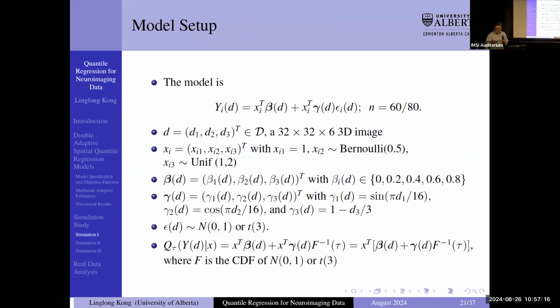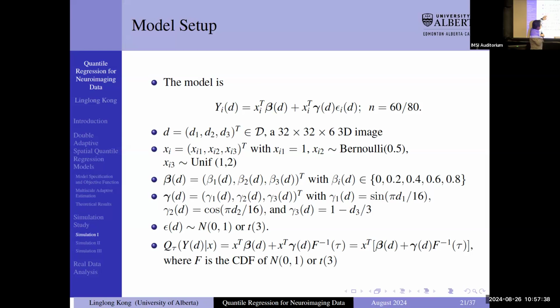And then we have some simulation, and here is our simulation model. We have a location-scale model with covariates X1, X2, and X3. X1 and X2 mimic categorical data, and X3 is uniform, mimicking a continuous variable.